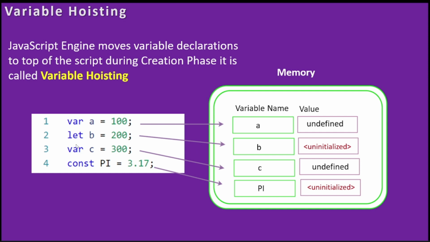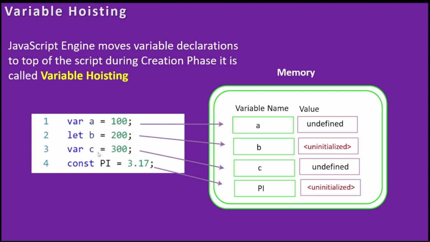And with let, it doesn't initialize anything and doesn't store any value during the creation phase. It will just make it an empty value. It is uninitialized, you can say. You don't initialize anything. That is the reason we say uninitialized. This is not a particular value.